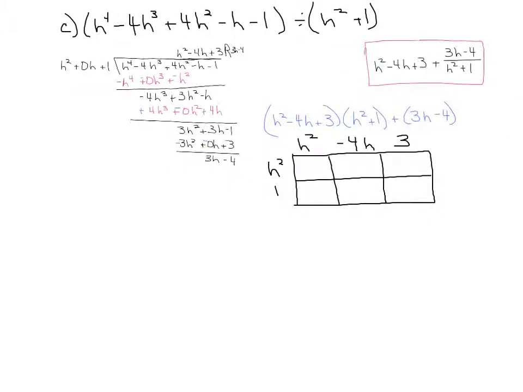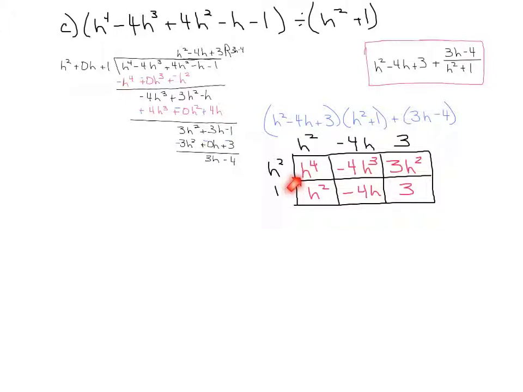So we set up our box using the terms here for our column headings and the terms here for our row headings. And then we multiply and put the products in each box. And when we do that, notice the diagonals are no longer like terms, but we can still go ahead and combine like terms as we go.